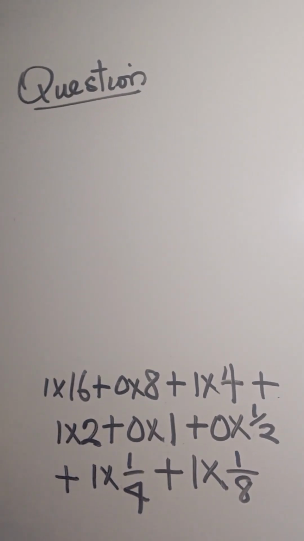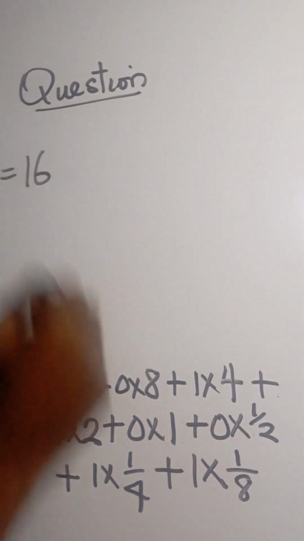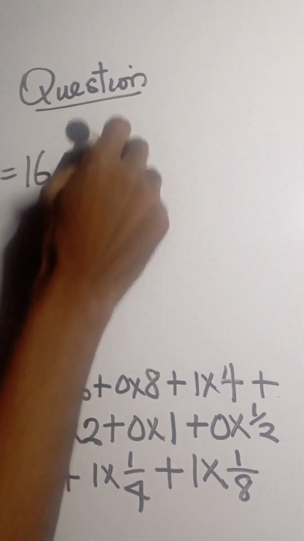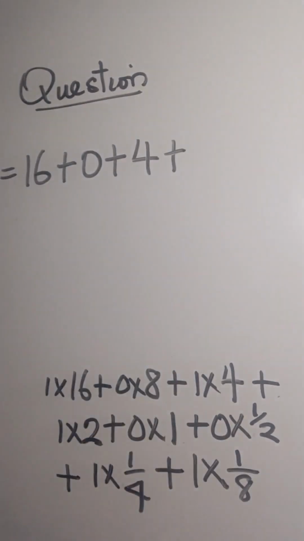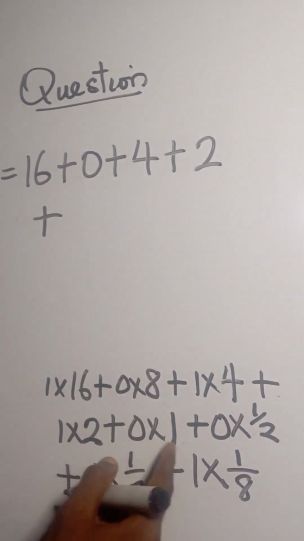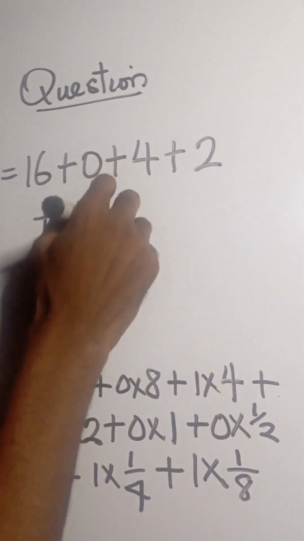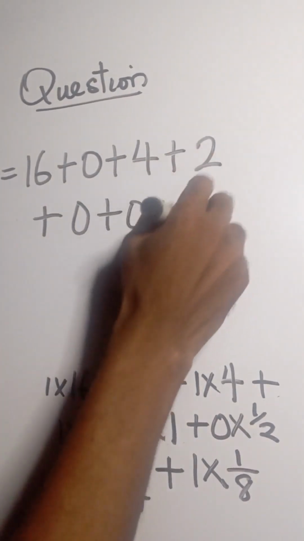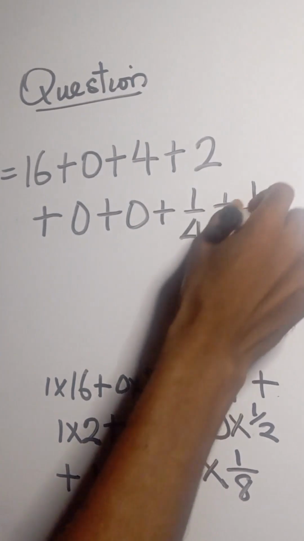Now let's multiply. 1 times 16 is 16, plus 0 times 8 is 0, plus 1 times 4 is 4, plus 1 times 2 is 2, plus 0 times 1 is 0, plus 0 times half is 0, plus 1 times 1/4 is 1/4, plus 1 times 1/8 is 1/8.